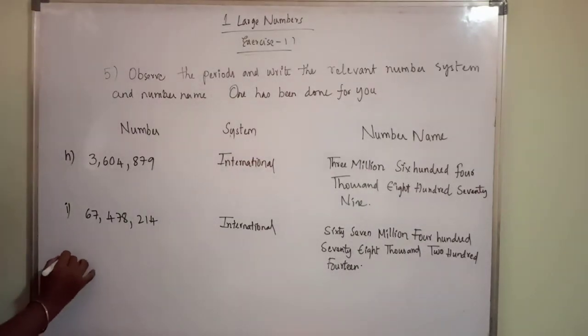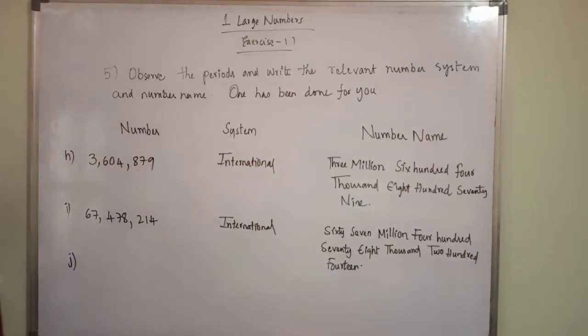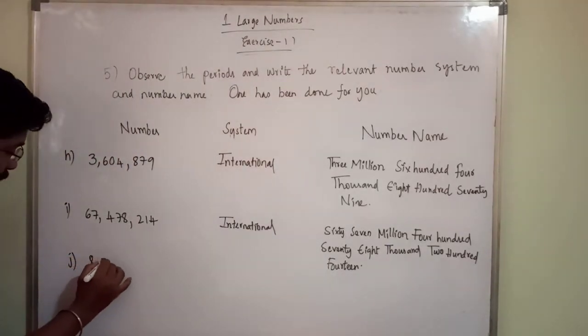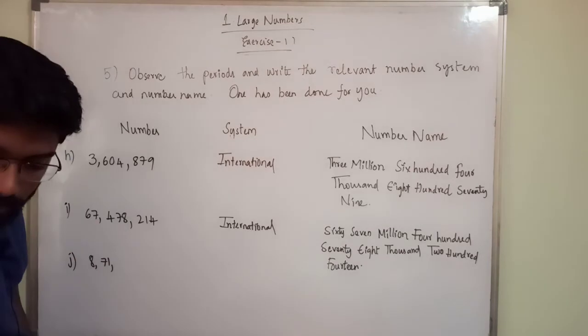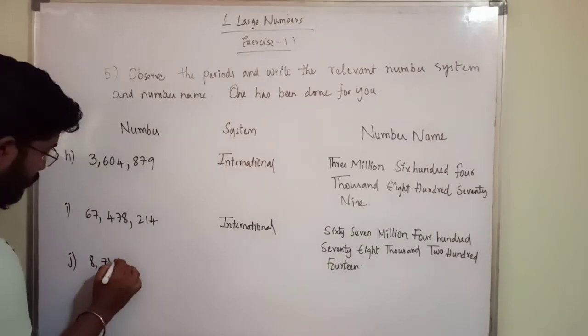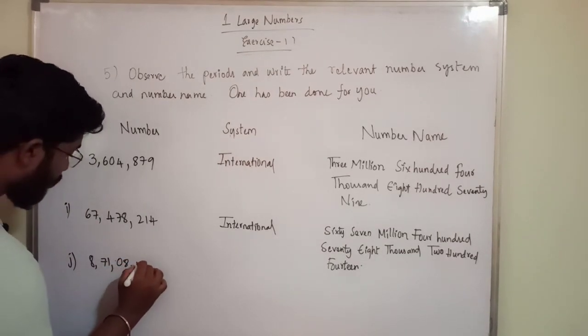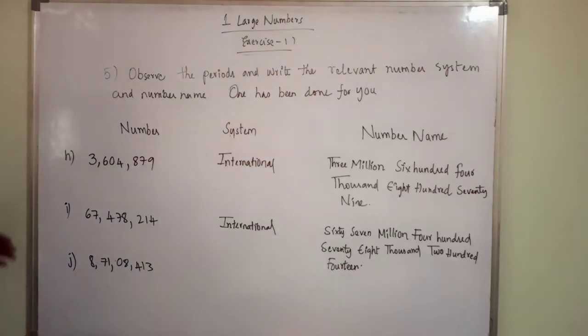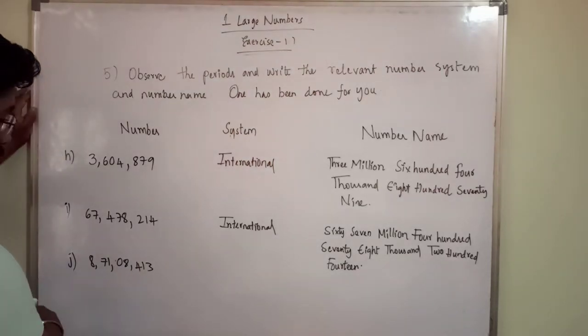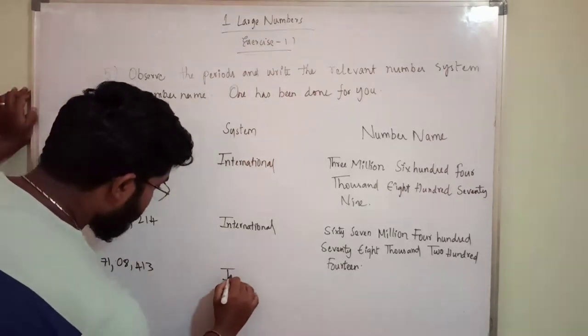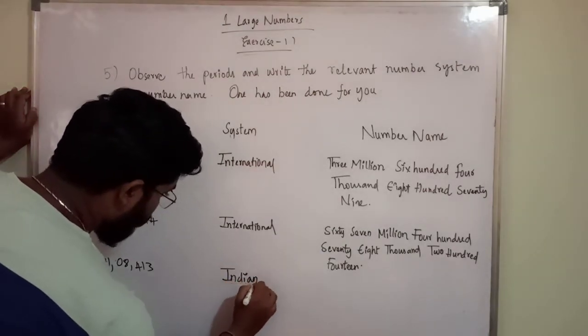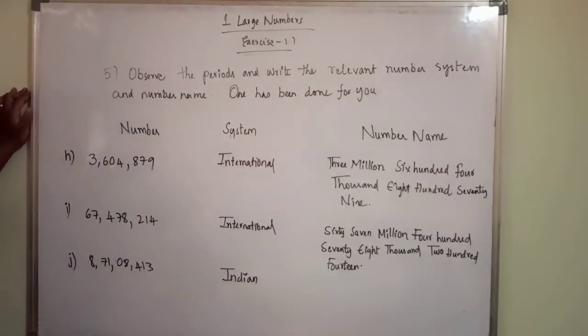Okay, next one, J. 8,71,08,413. Okay, so what is the system? This is the Indian system. See, in one period there are 3 digits, but in the remaining periods you are having 2 digits.